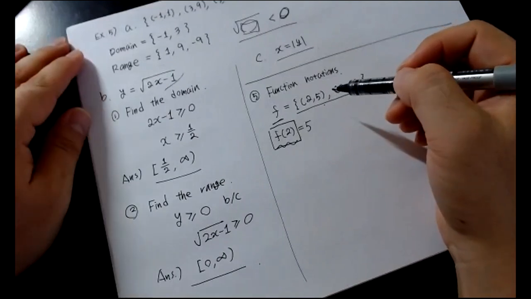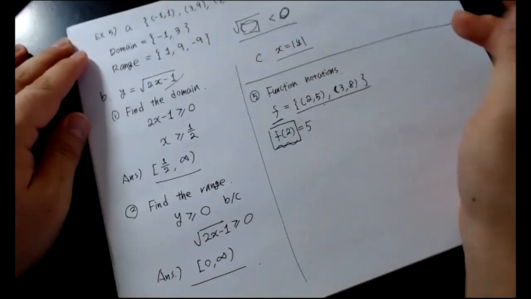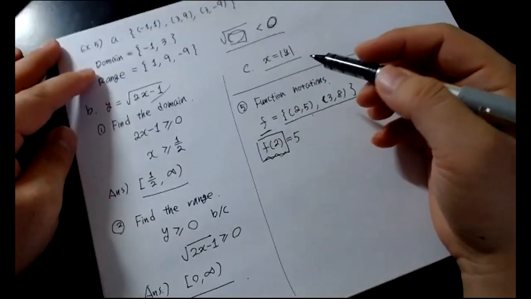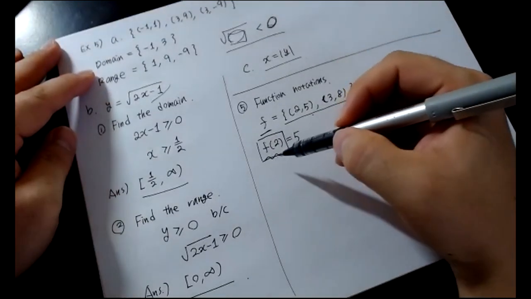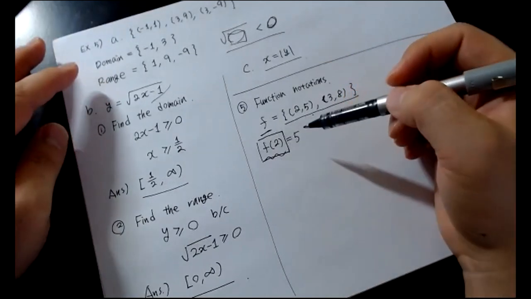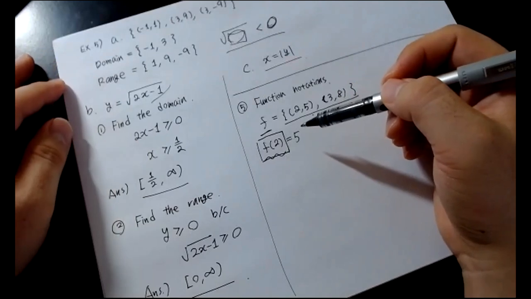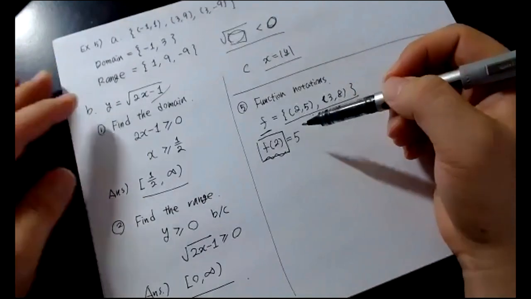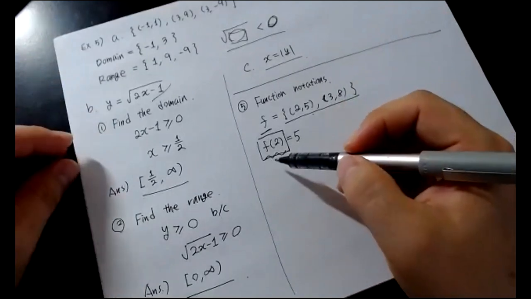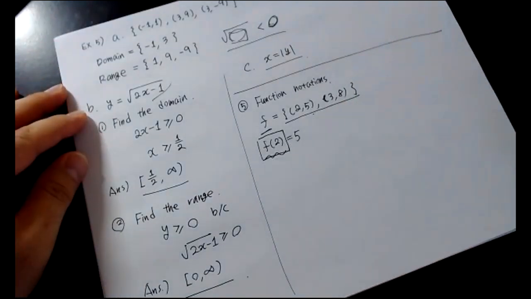I saw a lot of students get confused about function notation. You're going to use F of 2, that expression, so many times from now on. So you need to clearly understand what F of 2 means. F of 2 is nothing but the y value corresponding to x value 2.